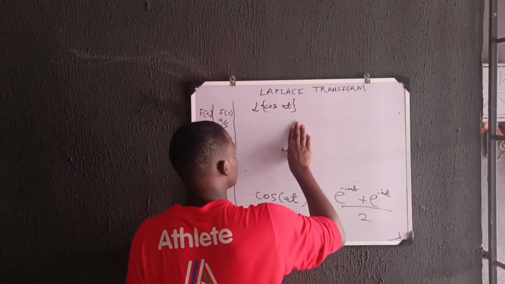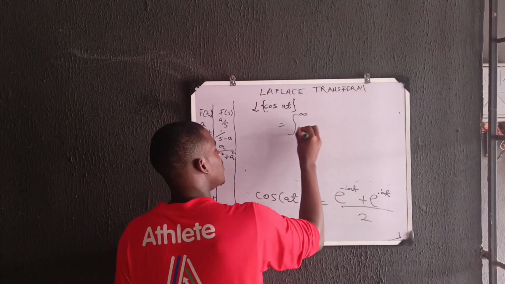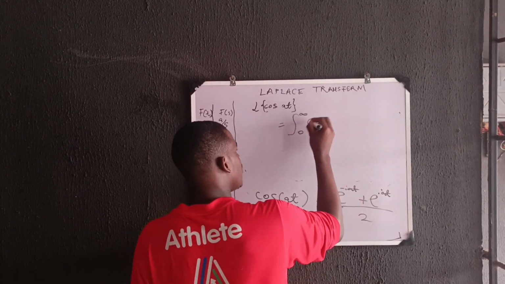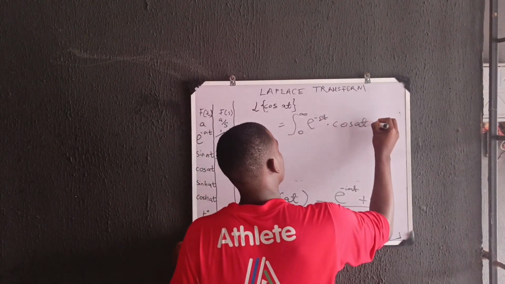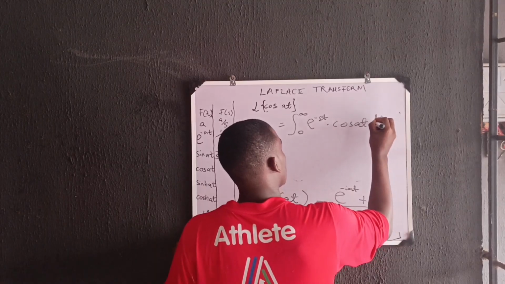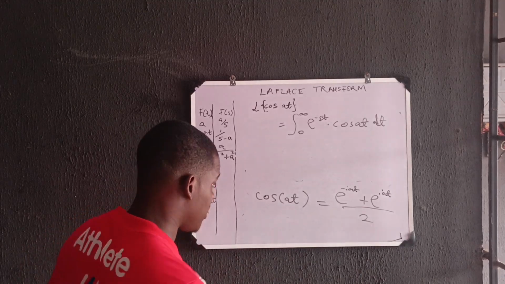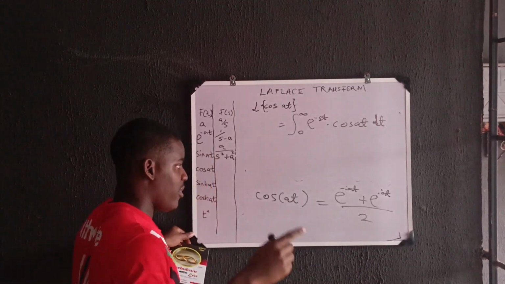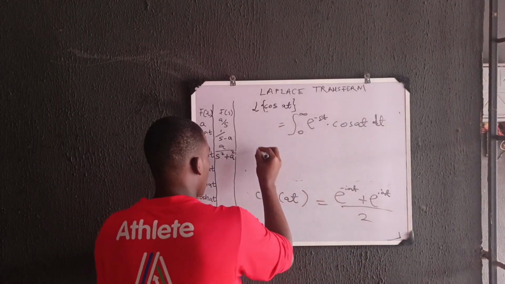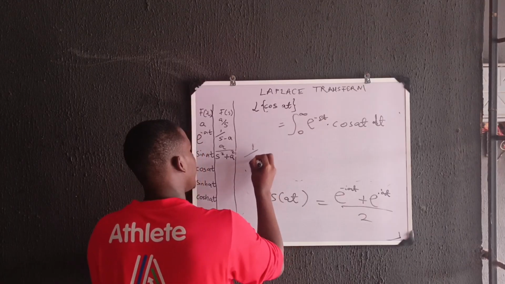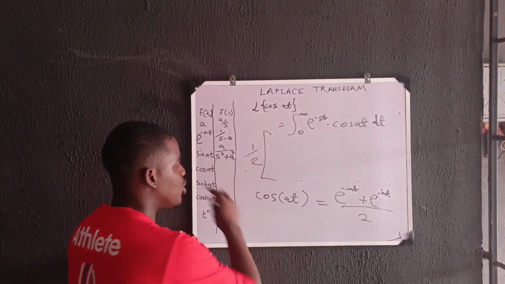Laplace of cos at is going to give us the integral from 0 to infinity of e to the negative st multiplied by cos at dt. And since this is our cos at, first step is to bring out 1 over 2. We are going to shift 1 over 2 outside from the major brackets.